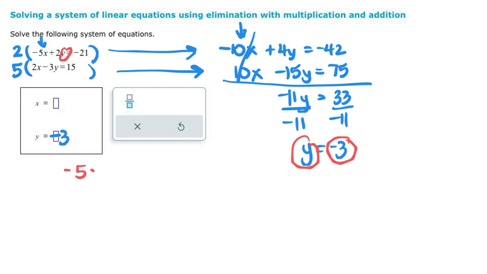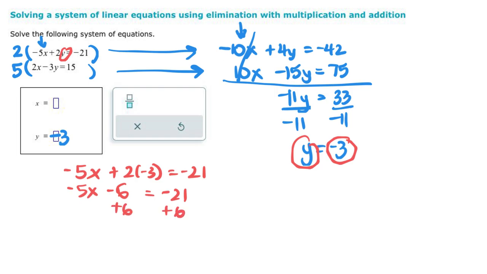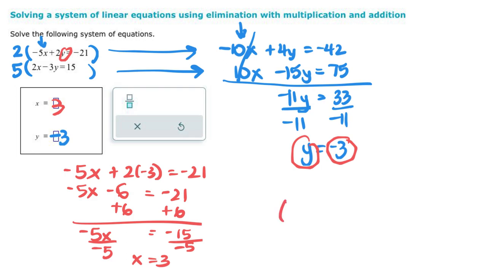So negative 5x plus 2 times negative 3 equals negative 21. We'll simplify here. That's like you have plus a negative 6, which is the same as subtract 6, equals negative 21. I will add 6 to both sides. Negative 5x equals negative 15. Divide both sides by negative 5, and I get x is equal to positive 3. So my point of intersection would be (3, negative 3).